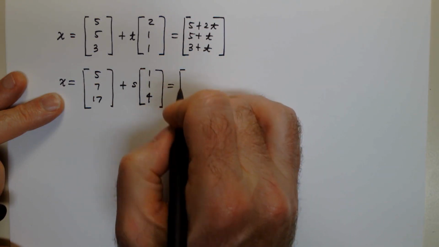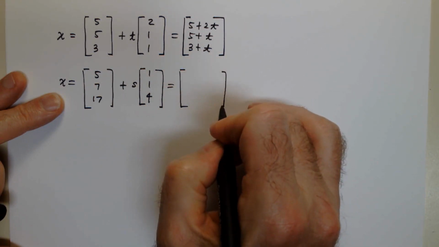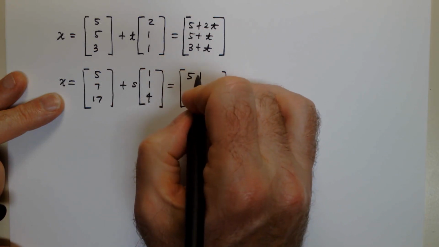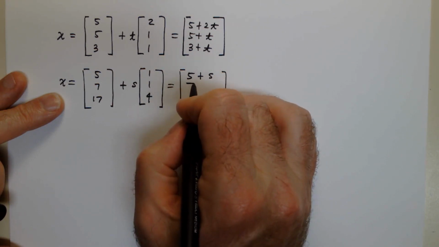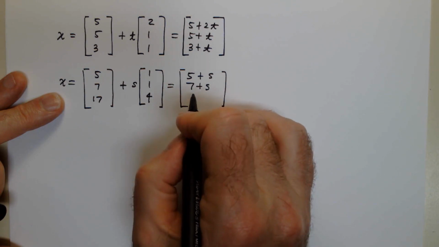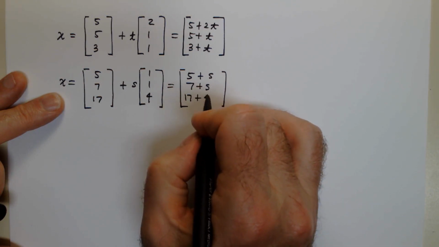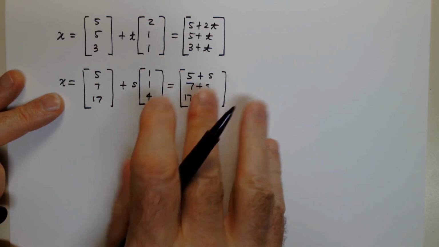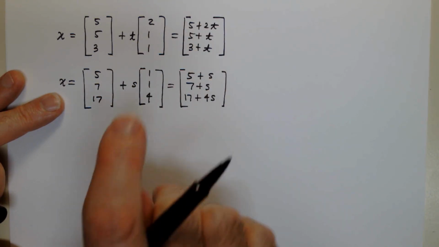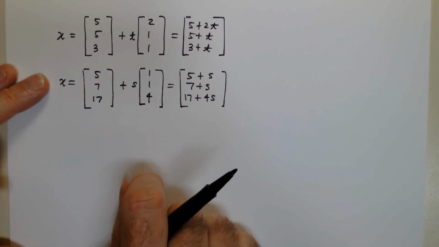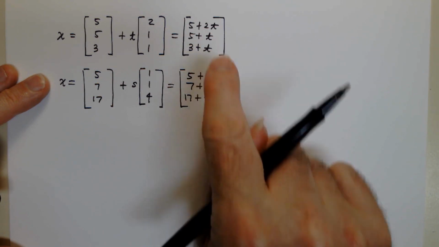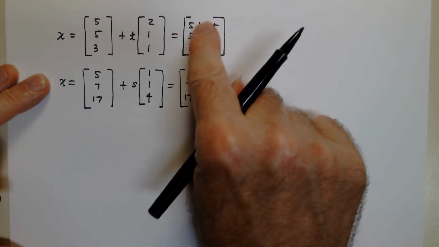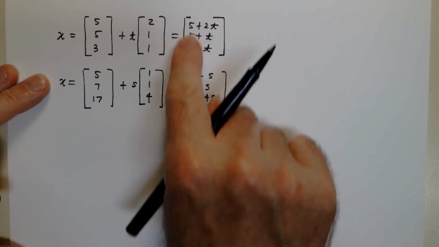And this one could be written as 5 plus s, 7 plus s, and 17 plus 4s. Okay, so that's a way of writing them as single vectors. So if these lines did meet in space, there would have to be a value of t and a value of s that would make these two vectors equal to each other.